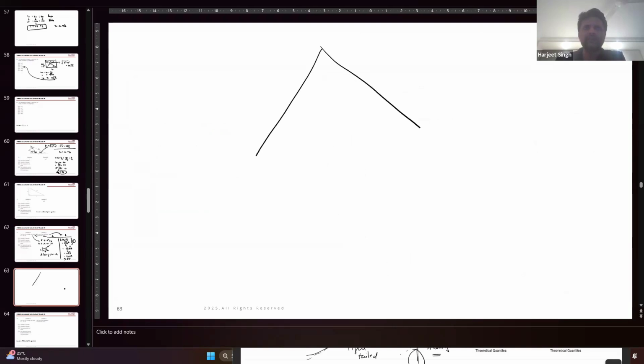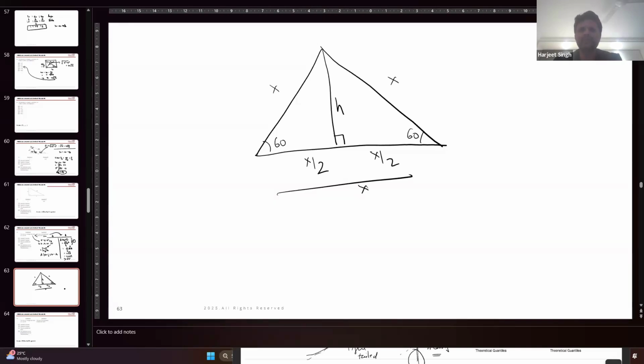Suppose this is the equilateral triangle. When I say each side is, say, x, if I draw a perpendicular height, can I say that will bisect the opposite side into x by 2, x by 2? So what is h? Can I say I can use Pythagoras theorem on this triangle?